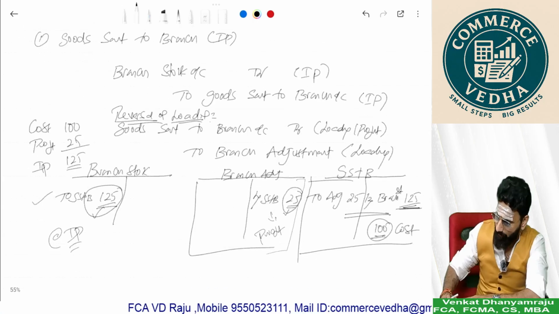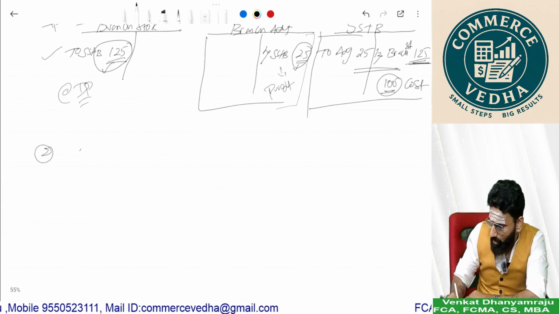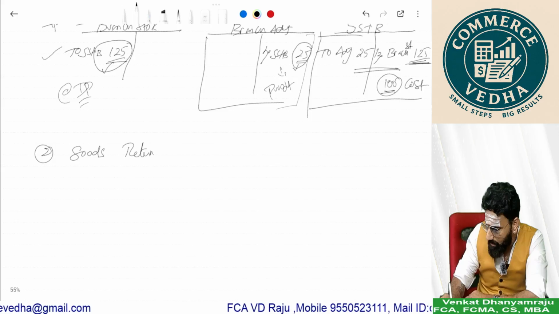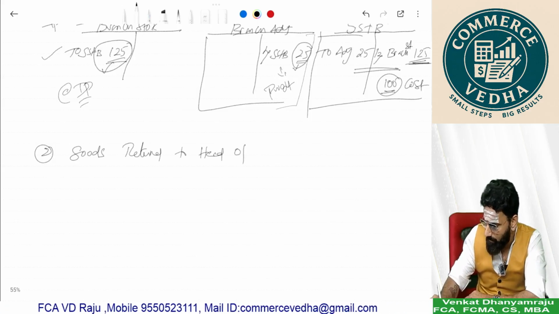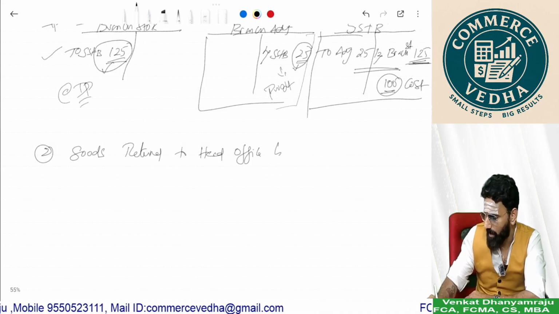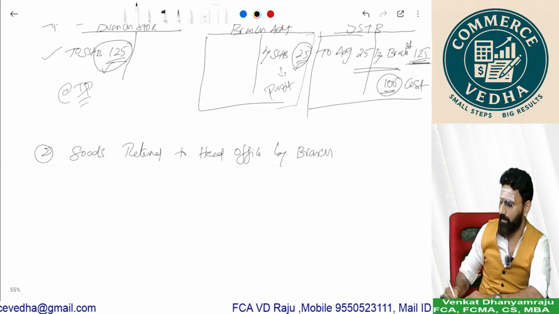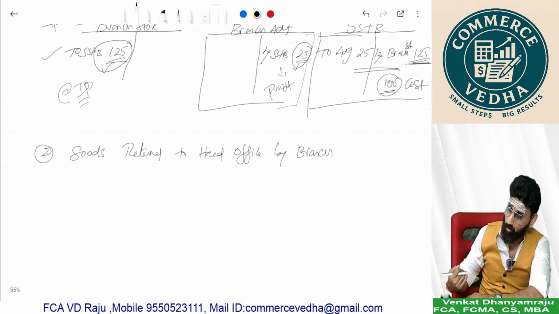Now, after this, next, goods returned to head office by branch. What is the entry? Returned, right? It came to stock, now it should move out of the stock.